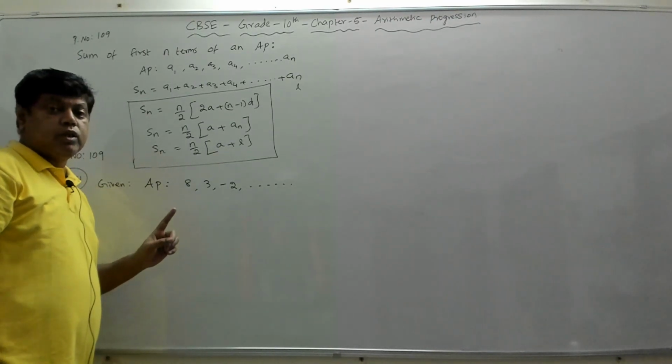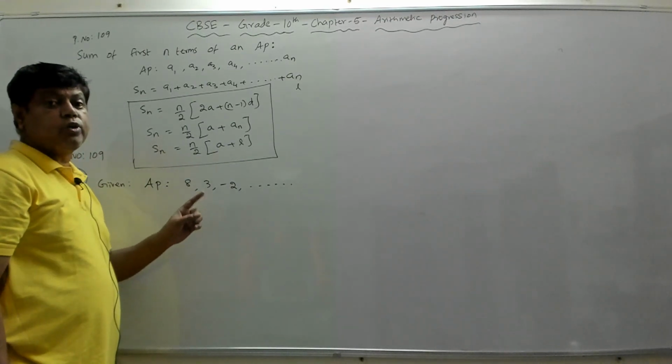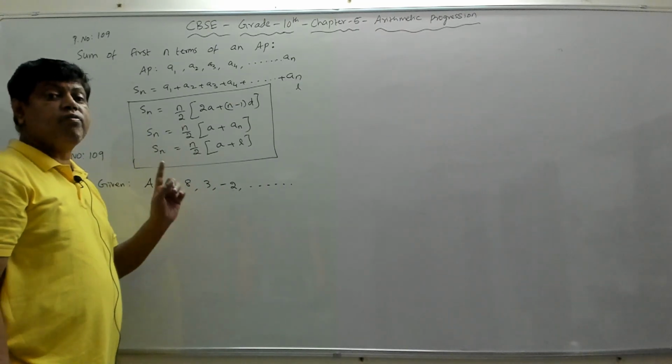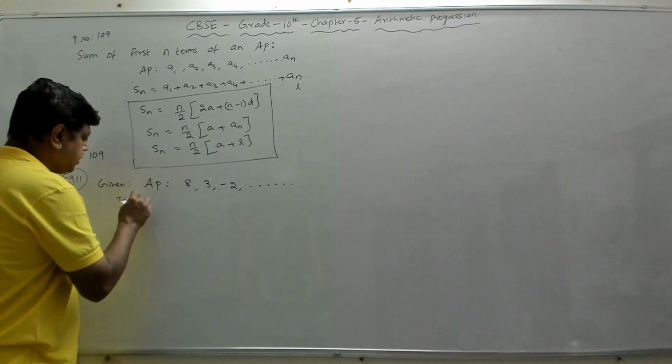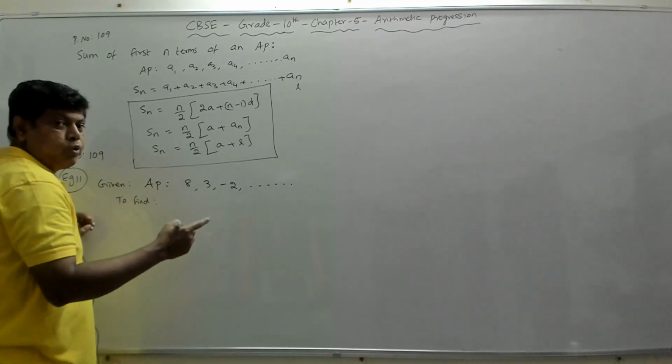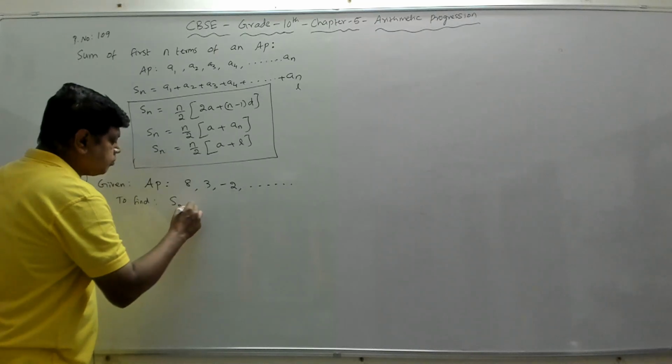They are not asking you to find the 22nd term. You have to find the sum of first 22 terms of an AP. So which means we should find S22, which is the question mark.